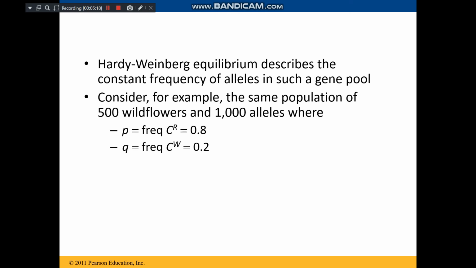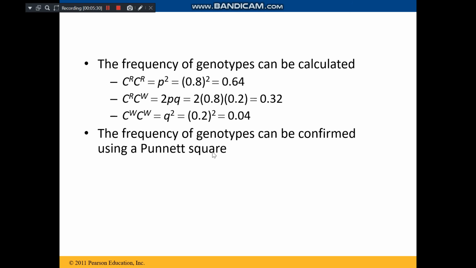For example, in the same population of 500 wildflowers and 1000 alleles, where CR equals 0.8 and CW equals 0.2, you can calculate the frequency of genotypes. That is the algebraic formula: P square plus 2PQ plus Q square.